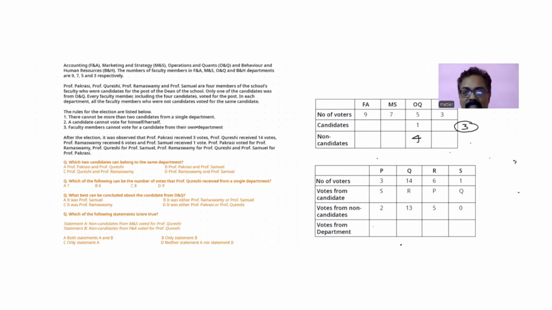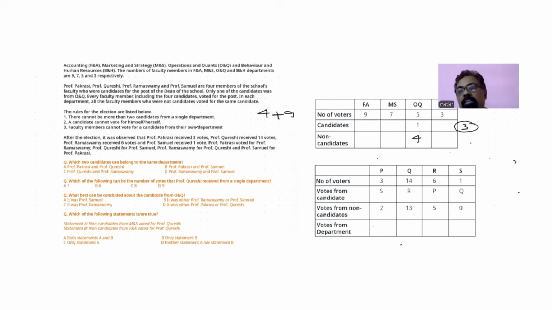Now go for analysis. If Q got 4 votes here, so Q got 13 votes from non-candidates. If 4 are here, he or she also needs 9 votes from any other department.